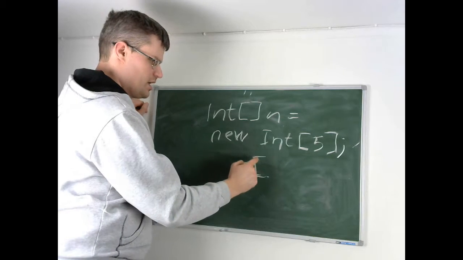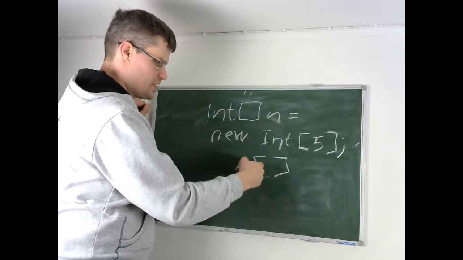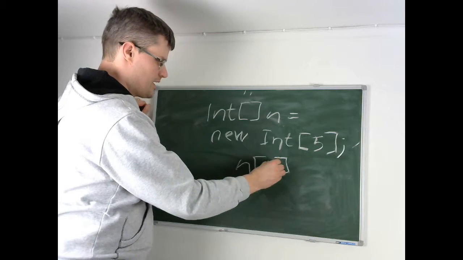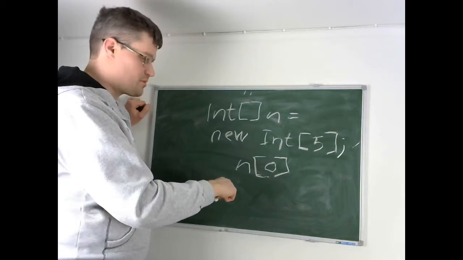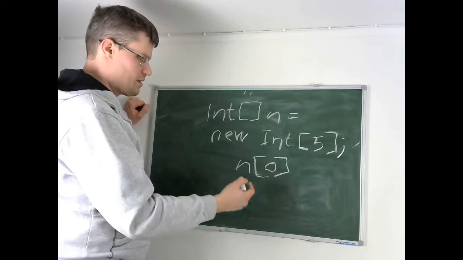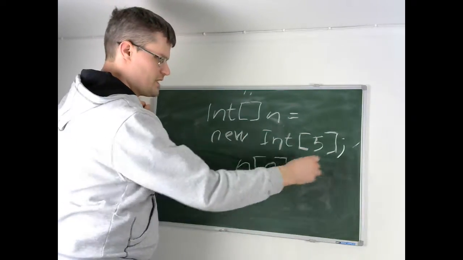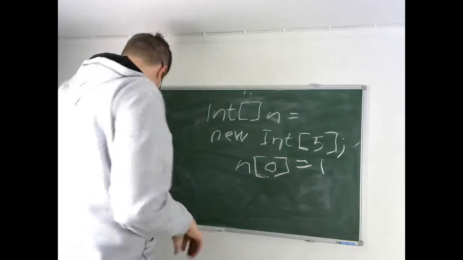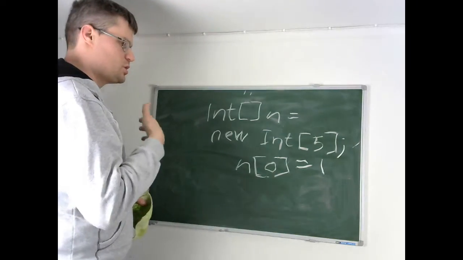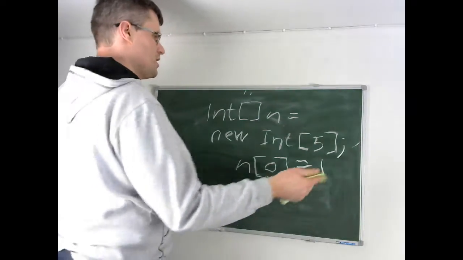So between 0 up to 5, because we have 5 elements and the first index is 0. So if I say 0, I can either get the value from 0 as a normal variable, or I could just tell this 0 position that it's a 1. So that's simple enough. This is the way to use arrays, and these could be used in loops and so on to gather a bunch of data.